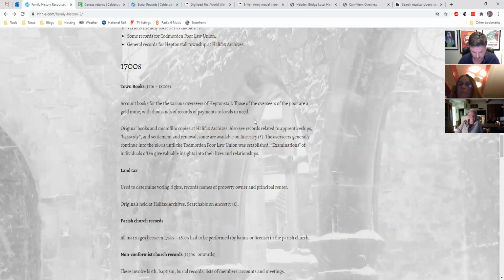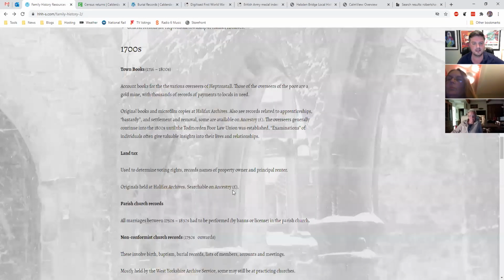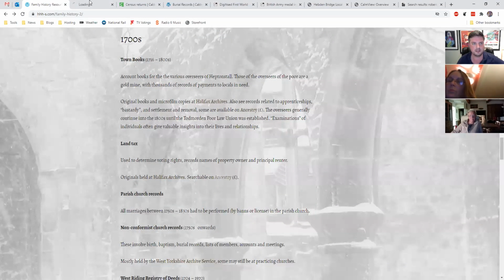Alongside that was the land tax, collected for central government instead, to pay for wars and what have you, and also compiling voter registers. Those two records generally go hand in hand. Someone living in the property would pay a whole bunch of taxes for varying things, and they're all generally recorded in related places in Halifax Archives, although the land tax is searchable on Ancestry.